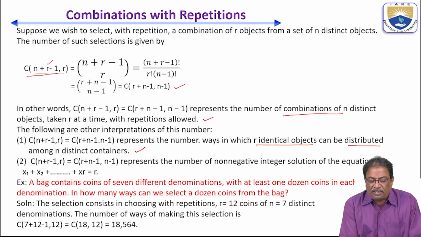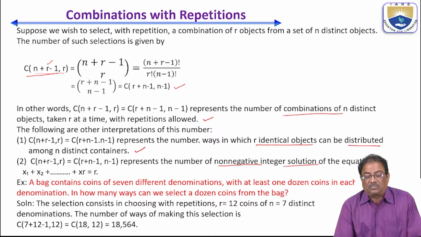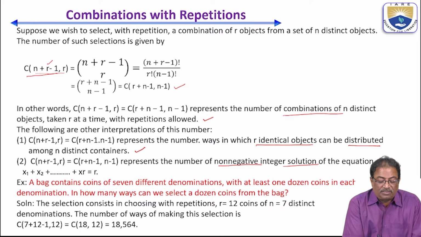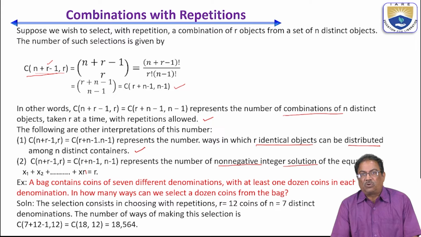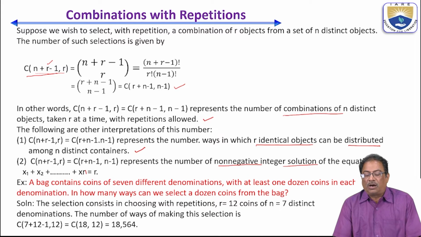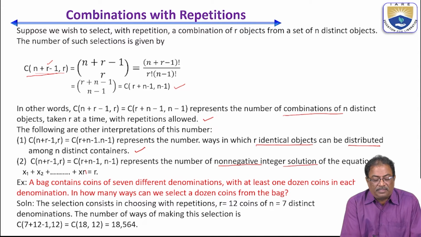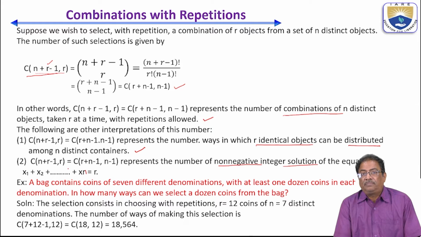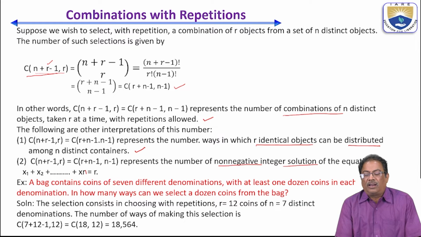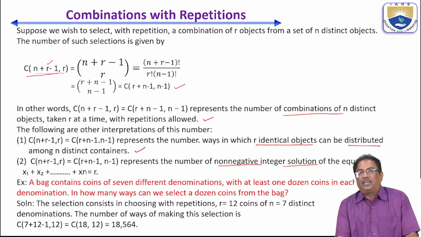The same thing can also be represented as the number of non-negative integer solutions of the equation x1 + x2 + ... + xn = R. Here n is the number of variables in the equation, and R is the right-hand side of the equation.